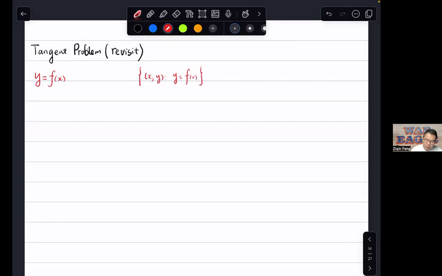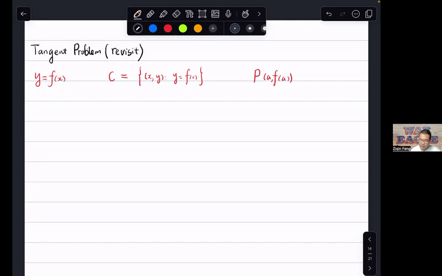So this is the graph of this function. If you have a graph, you can fix one of the points. We pick a point P here, which is (a, f of a). So that's a point in our graph.